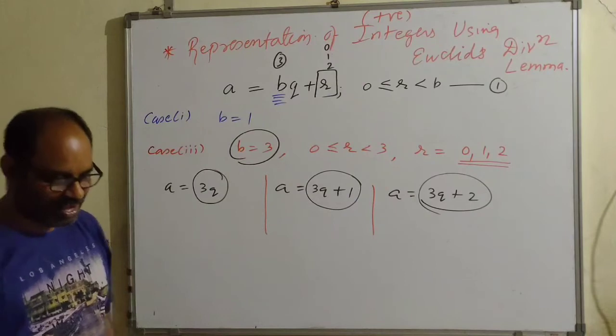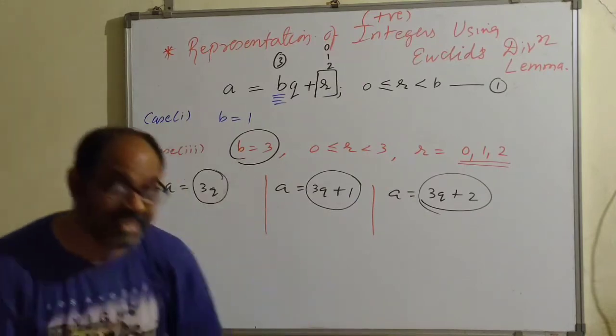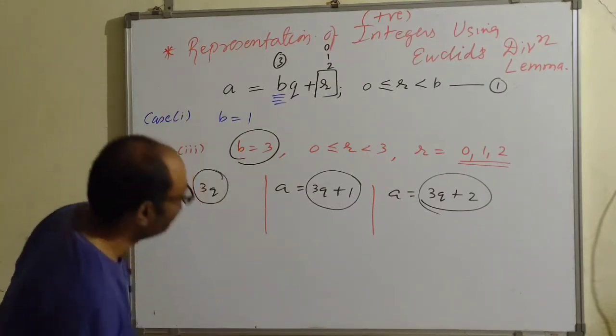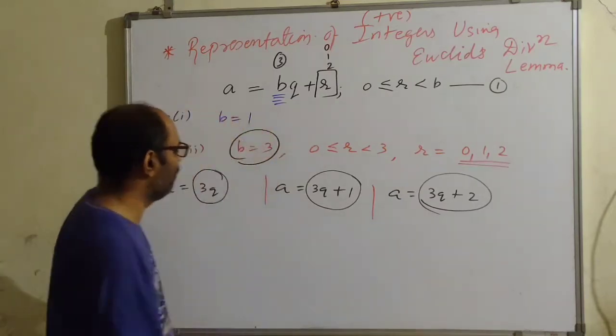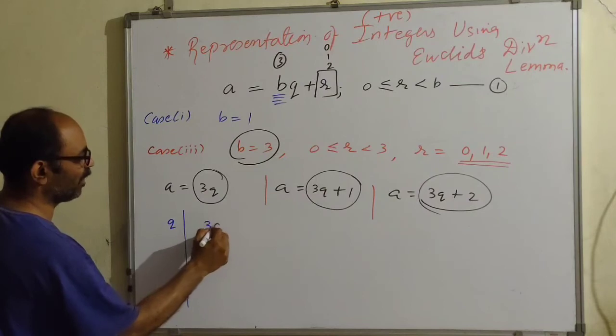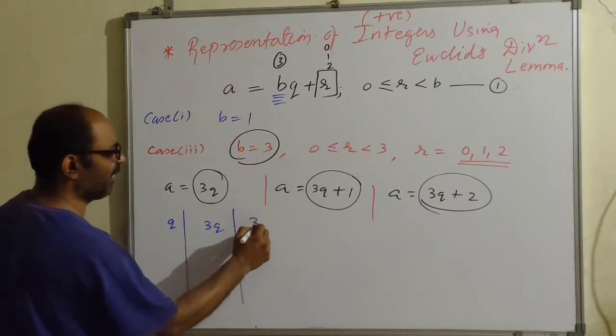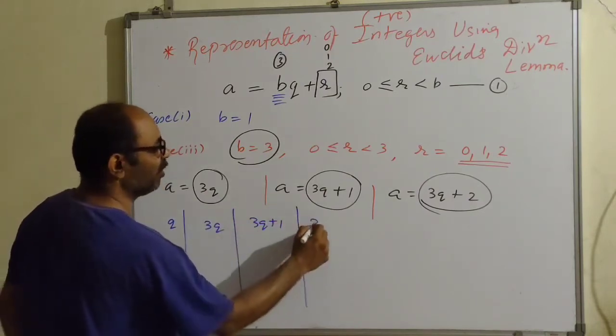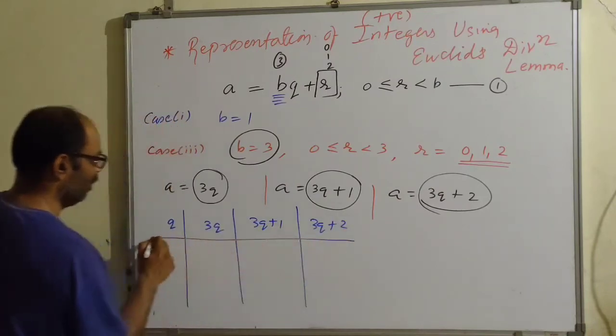This is one more way of representing integers. Alright, now look at the justification. I'll take values of Q and see what I get for 3Q, 3Q plus 1 and 3Q plus 2.